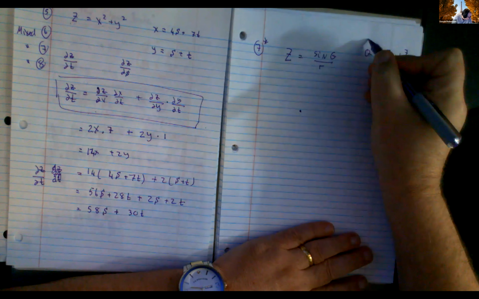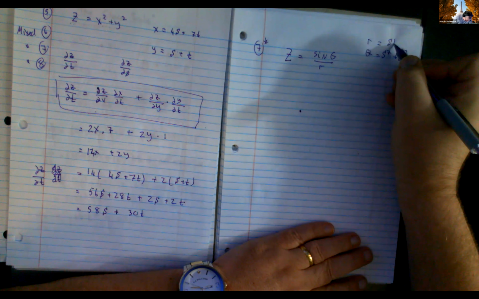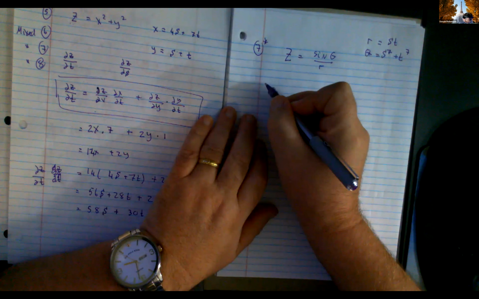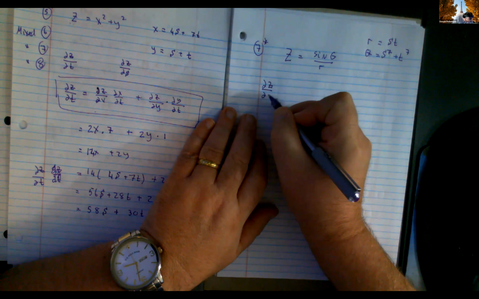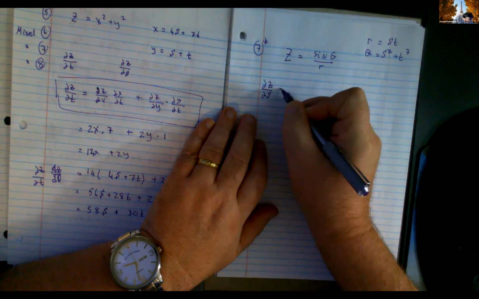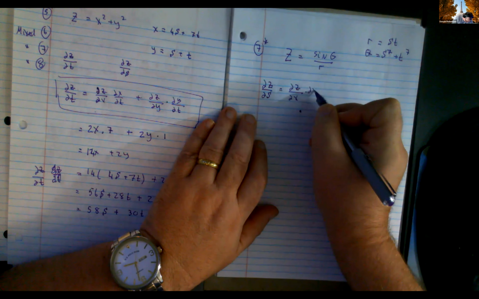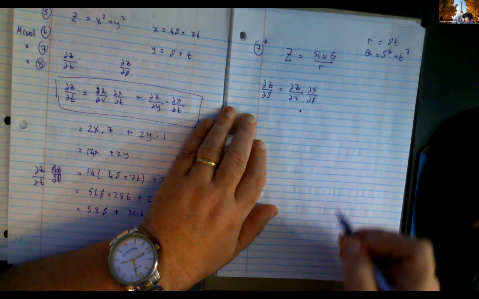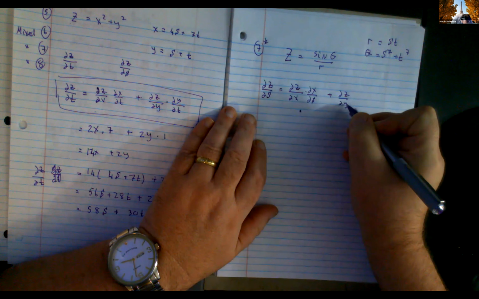And r happens to be s times t. Okay, got all the pieces. Now you want this fella. Let's do dz by ds, just to be different. So it would be dz by dx, dx by ds. So that's the contribution of x's to the answer. And dz by d, why am I calling it x?